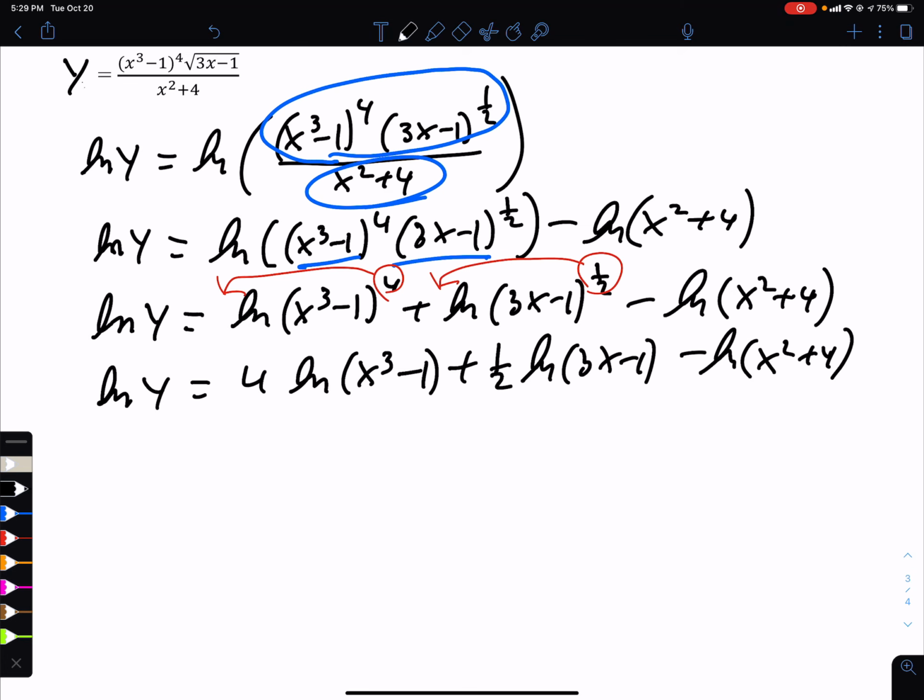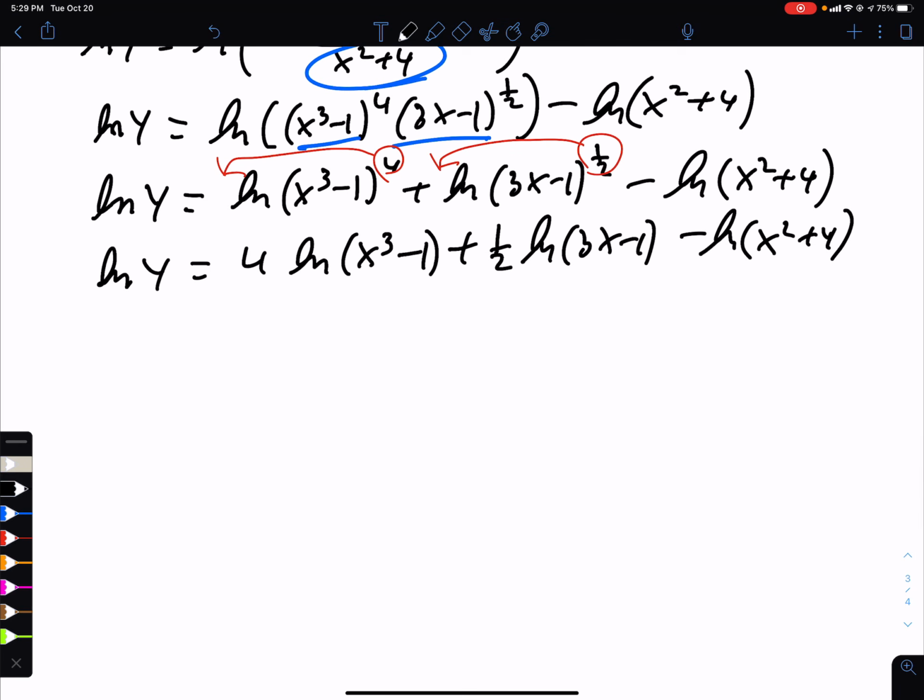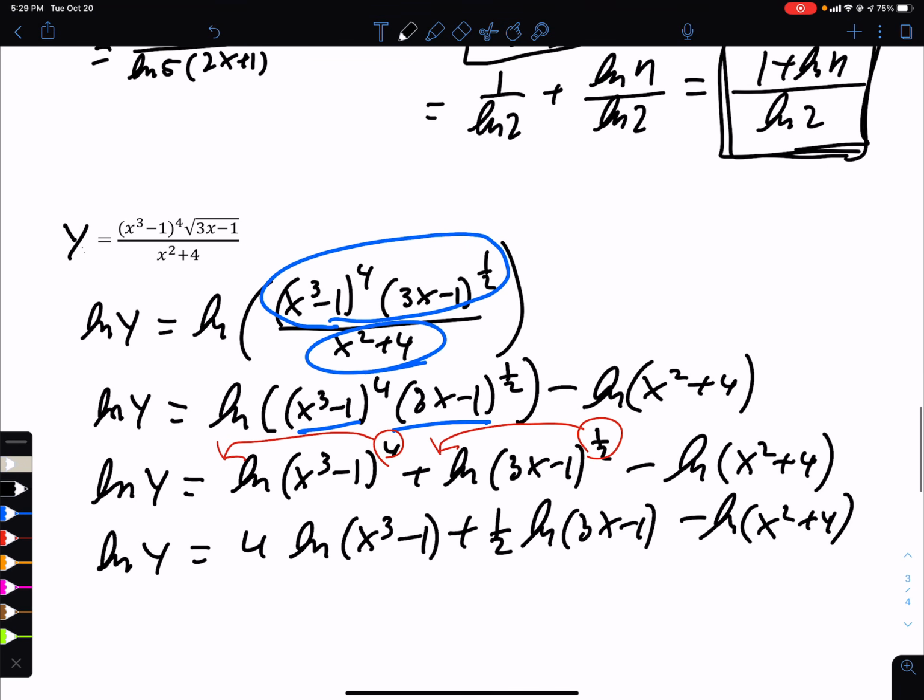Now when I take the derivative, I don't have quotient rule, I don't have product rule, I don't have all that ugliness. I just take the derivative. Now realize what we're trying to find. We are trying to find dy/dx. So understand, y is our function, x is our variable.